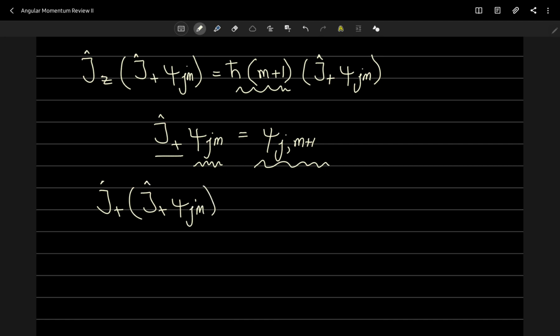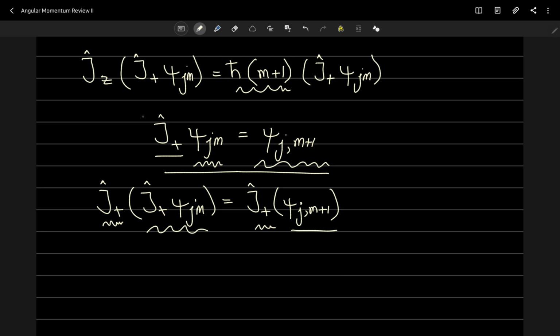So all I'm doing is adding this j plus again on it. So we would have j plus acting on psi, and you see that this thing is psi j m plus 1. Now I have to do the same operation on this. So I'll look at this equation and write psi j m plus 1.